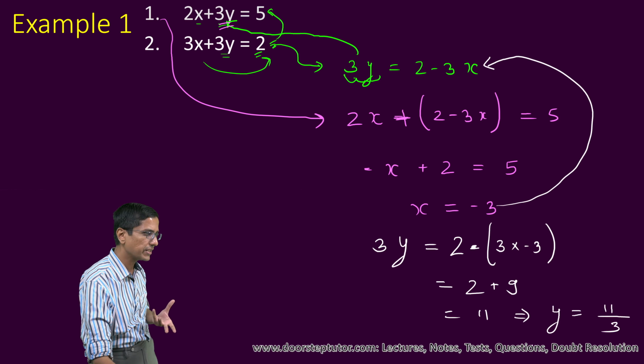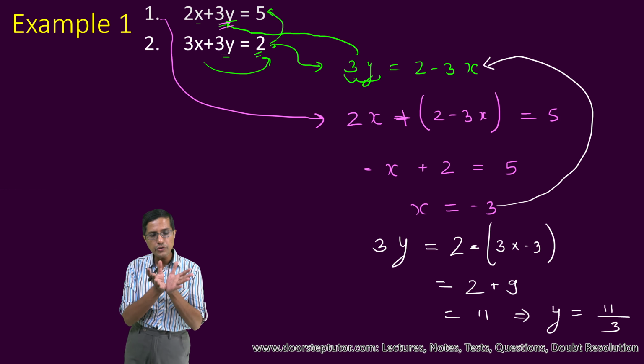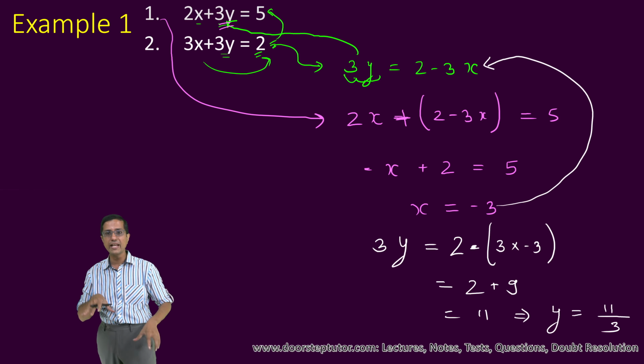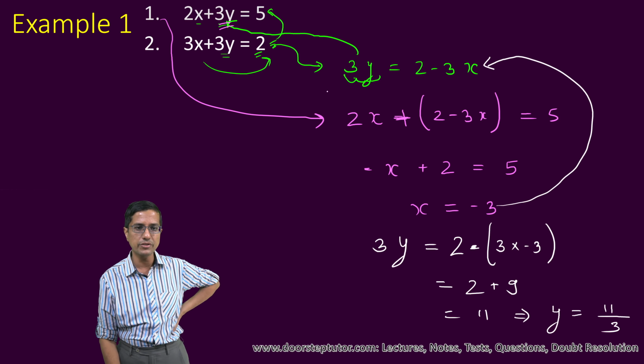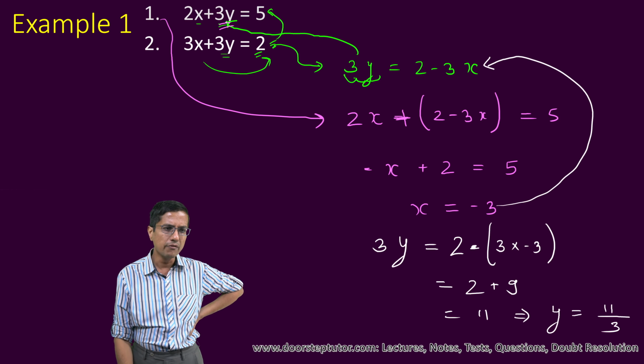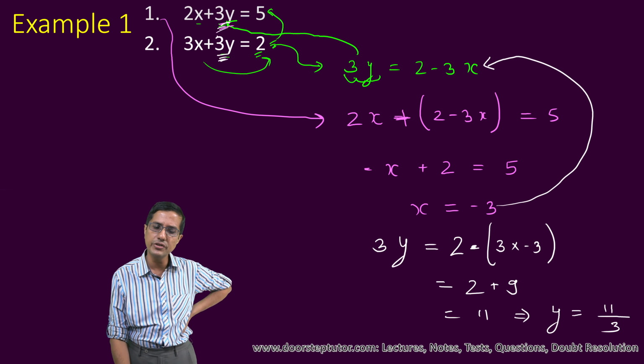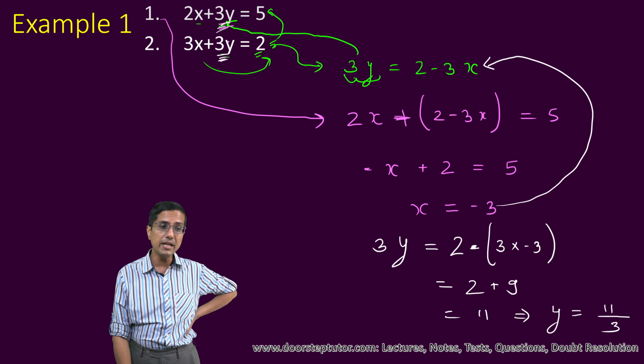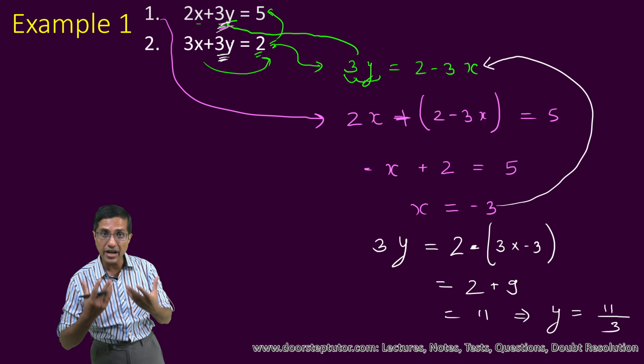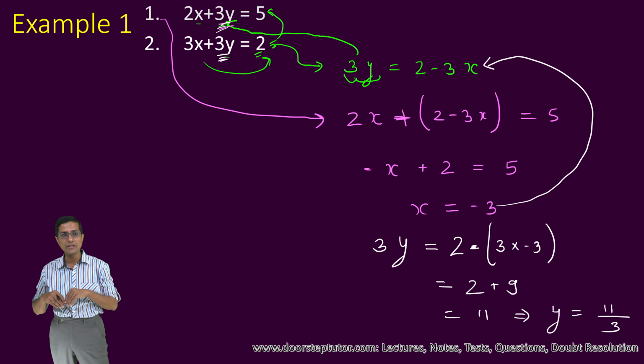Again, the substitution method is very simple, and we will use it only when simple substitutions are possible. For example, here we were simply able to substitute 3y for 3y. In that case, we will just use the substitution method. It becomes complicated when we have fractions.